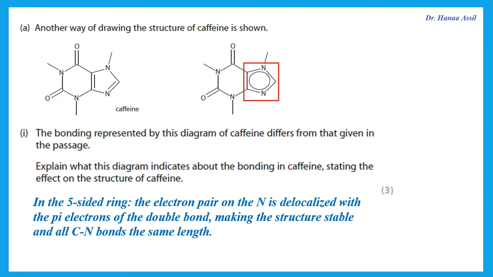So in the 5-sided ring, the electron pair on the nitrogen is delocalized with the pi electrons of the double bond, making the structure stable so that all the C-N bonds are the same length.